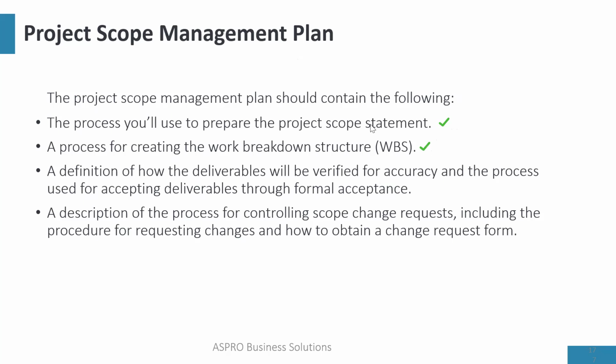So your scope management plan must describe how these things will be done. A definition of how deliverables will be verified for accuracy, and this is talking about formal acceptance. What must be in place for you to formally accept the deliverable? Then the scope management plan also talks about how changes will be controlled in the project, right?